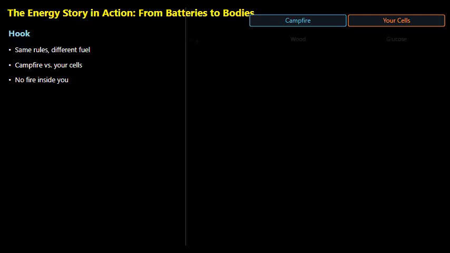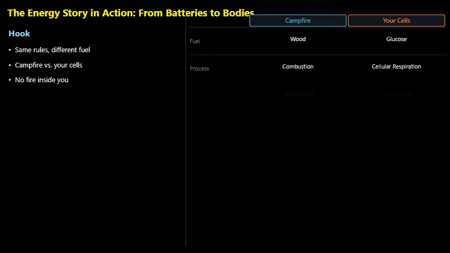Your body right now is running on the same fundamental energy rules as a burning campfire. Both are breaking down fuel and releasing energy. So how does a sandwich power your thoughts without setting you on fire? The answer is the energy story, a universal set of rules that governs everything from a battery to a leaf to your own muscles.